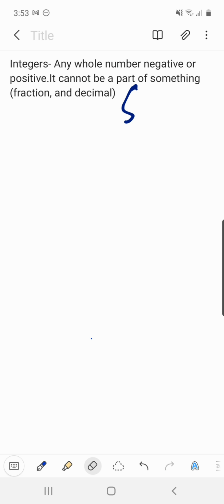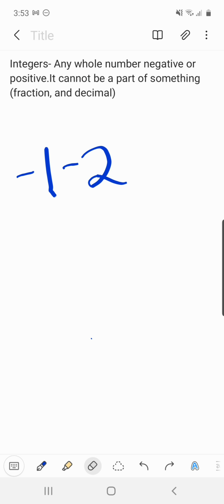Now we are going to start adding and subtracting integers. So I would like to do -1 minus -2. One second, let me rewrite that. Sorry about that.